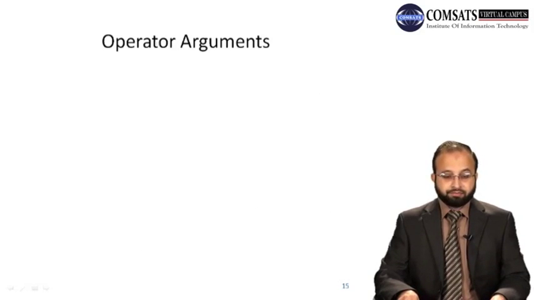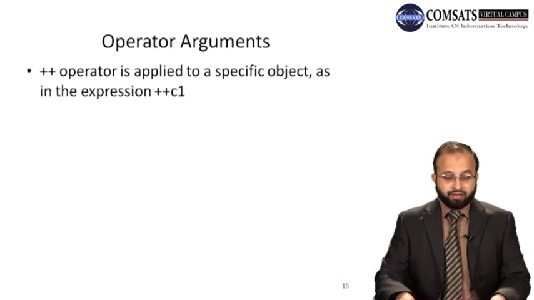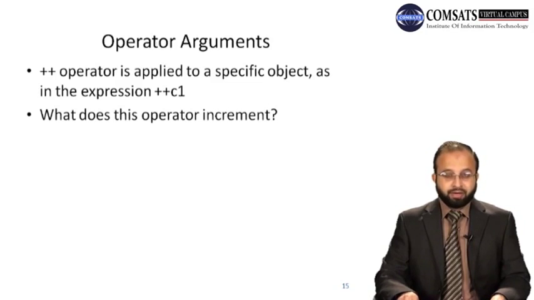Operator arguments. The plus plus operator is applied to the specific objects as in the expression plus plus C1, right? So C1 is an object of counter class that calls the function that is present in the counter class for the overloaded operator plus plus to be executed. So what does this operator increment?